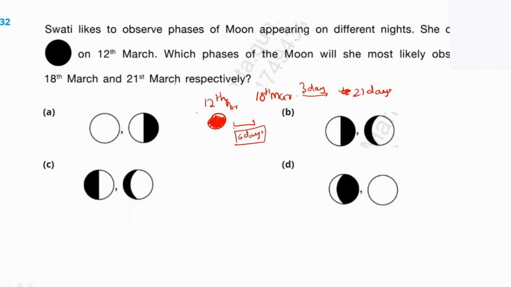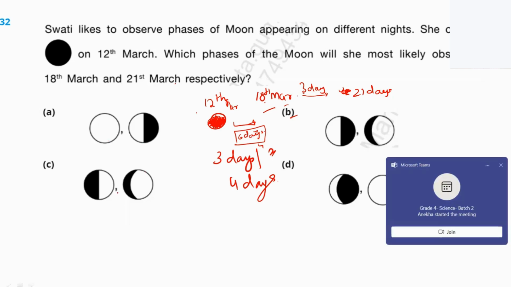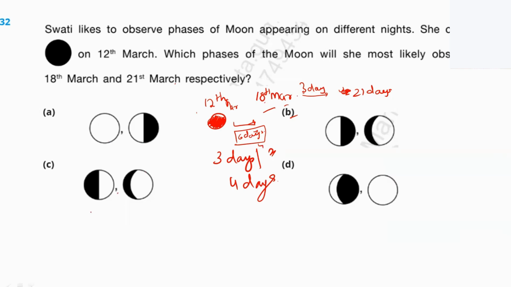Okay. Right? Because every phase is either of 3 days or 4 days in the lunar cycle, right? So your answer is going to be option number C, where the 18th March will have a first quarter.